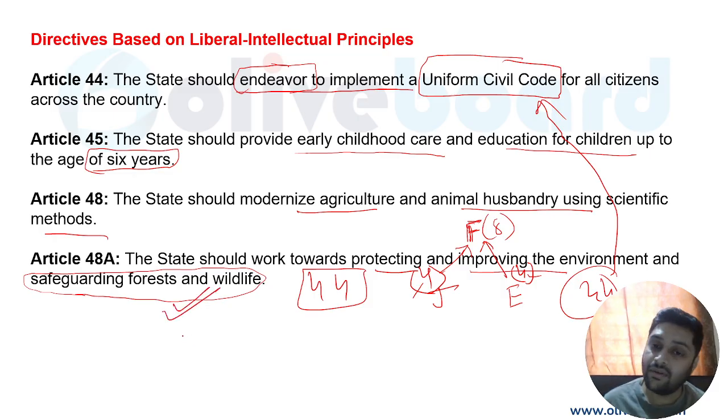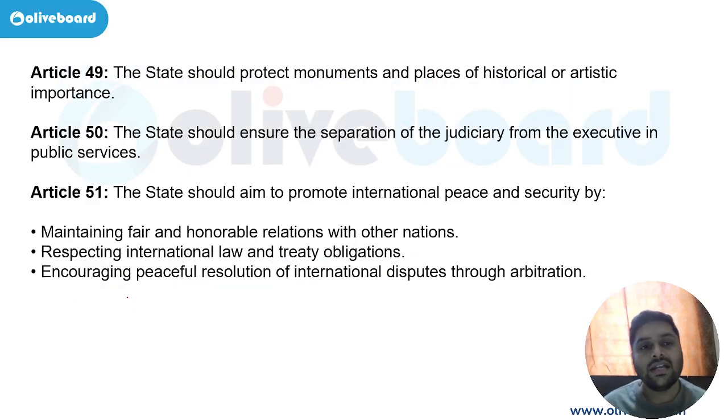Meanwhile, the world was not even caring about it. So 44, 45, 48, 48A. Okay, please remember Uniform Civil Code, Article 44, super important, 100% it comes in exam. Then comes 49, the state should protect monuments and places of historical and artistic importance.